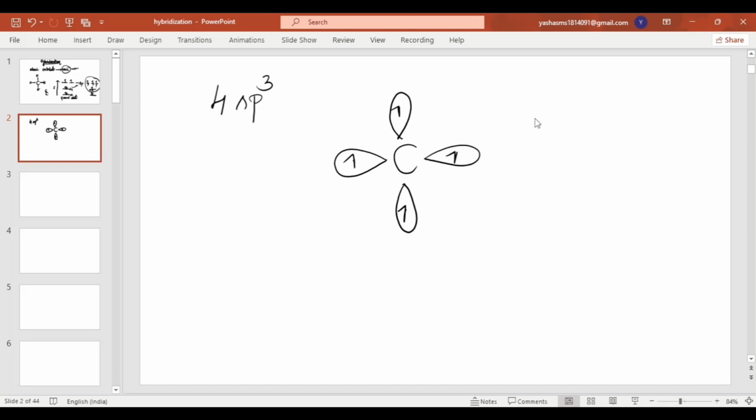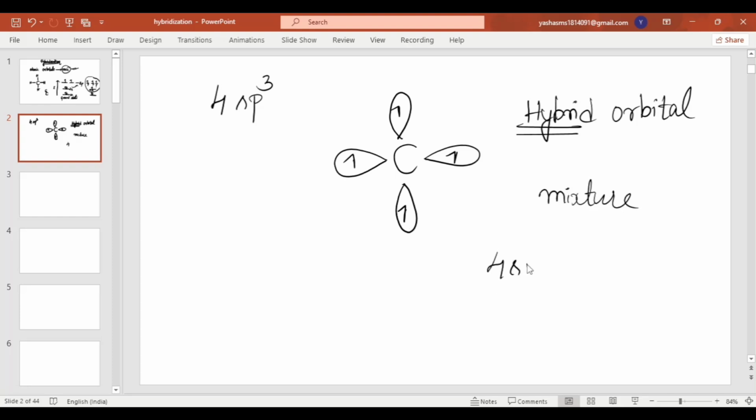Here I am using one term, which is hybrid orbital. What is meant by hybrid orbital? What is meant by hybrid? It is a mixture, right? Here I am talking about 4 sp3 hybrid orbitals.